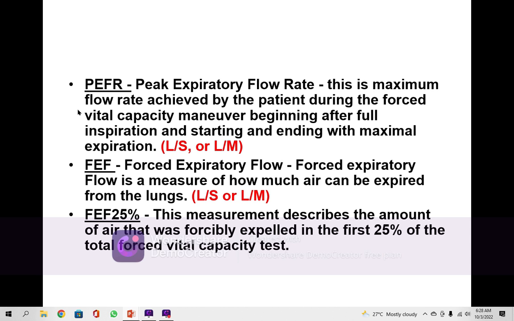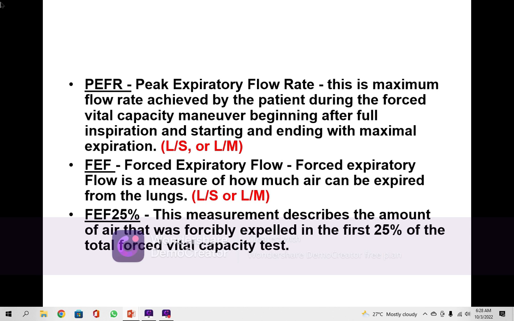You can buy it from a shop. It costs about 1,000 to 1,500 rupees. It is a plastic object, and inside there is a bulb-like thing. It moves if you forcefully inhale or exhale, from the inspiration to the ending of the maximal expiration. It gives the peak expiratory flow rate.